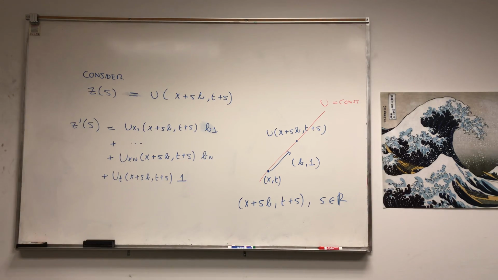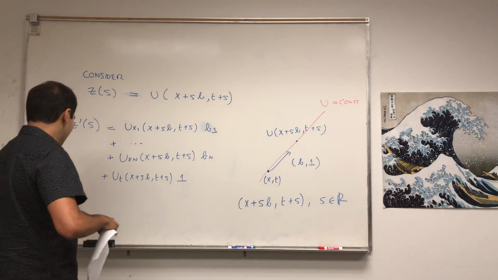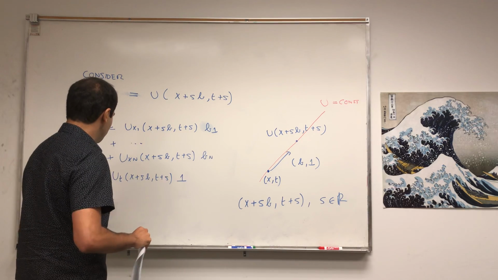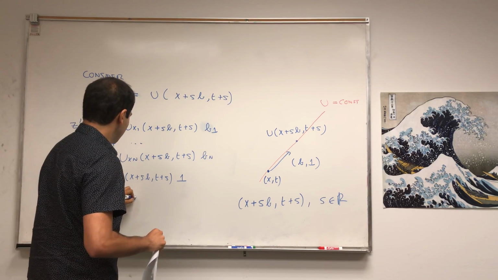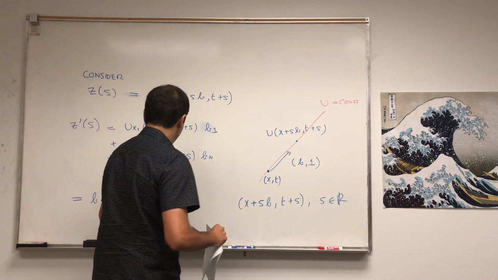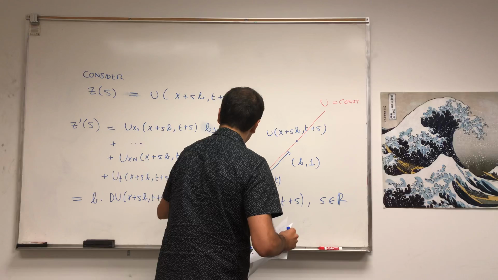Okay, that's all good. And now, let's just rewrite this in terms of our equation. This is really the same as saying b dot Du of x plus sb, t plus s, plus u_t of x plus sb, t plus s.